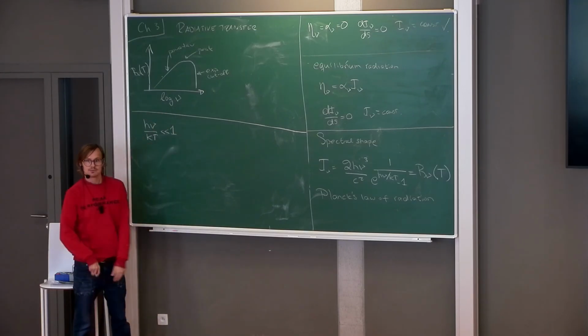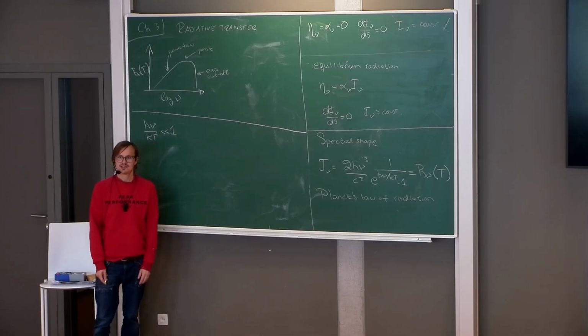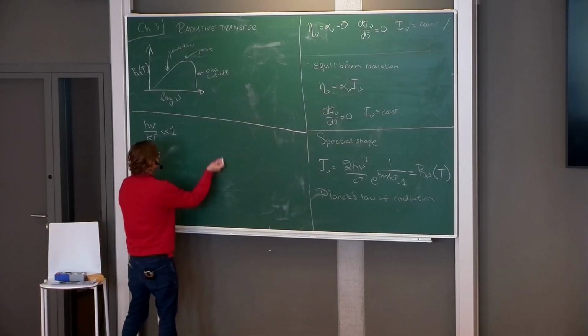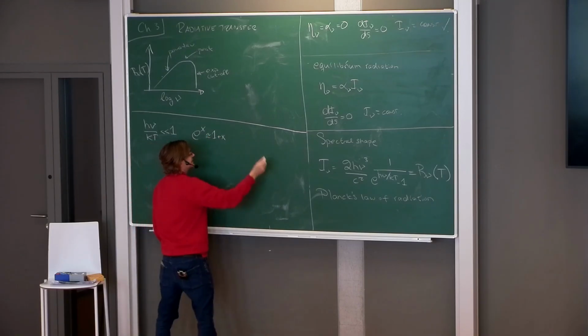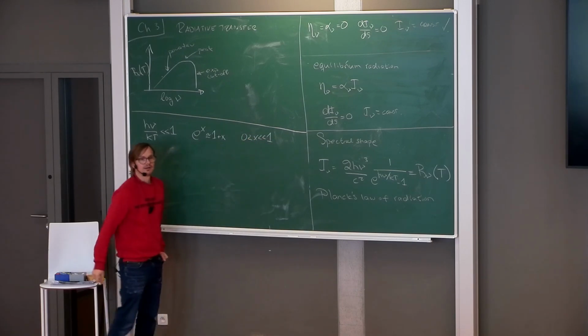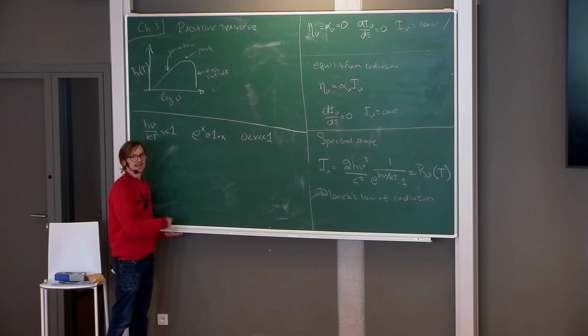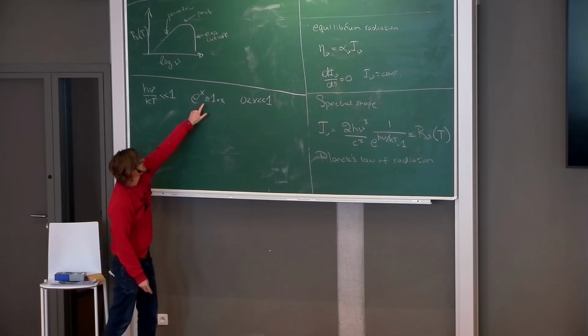Now, in this regime, we can apply a Taylor expansion, and if there is one Taylor expansion that you need to know in this course, it's this: e to the x is approximately 1 plus x if 0 is smaller than x, and x is much, much smaller than 1. Okay? This will come back both here and then in the radiative transfer equation, etc. So that's a Taylor expansion.